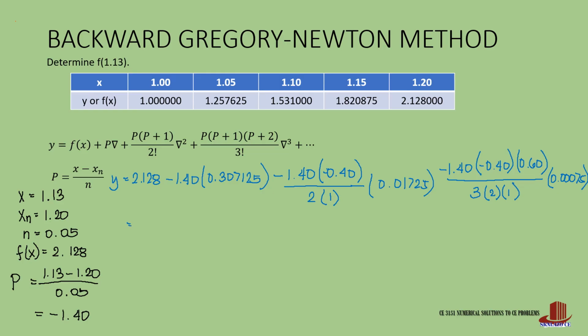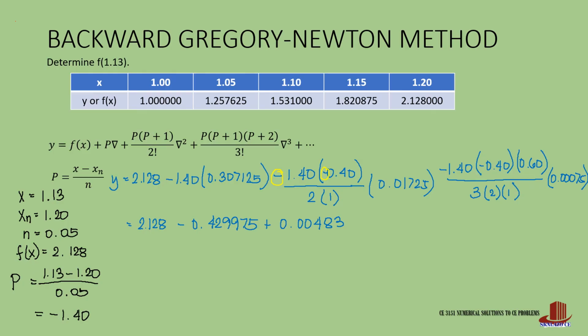Simplifying all these terms, we have 2.128 minus 0.429975. We have a negative sign there, having it with a minus sign. Thus, we get positive 0.00483.